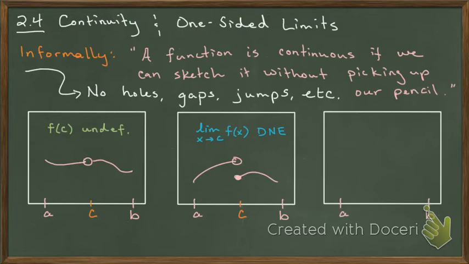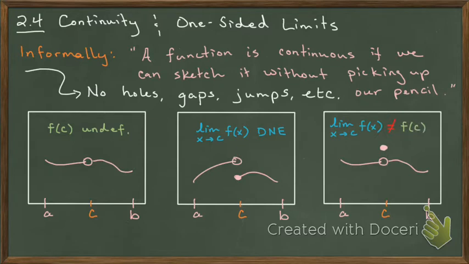The next would be something where I have a limit, but the function is defined elsewhere when x is c. So this is a situation where the first two criteria are met, but the third is broken, and that third is that the limit and the function value are the same.